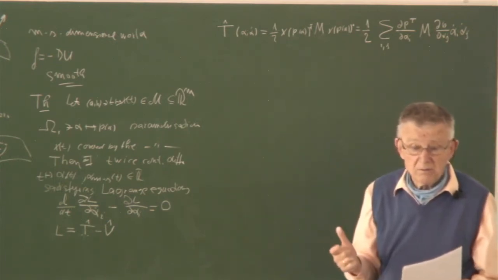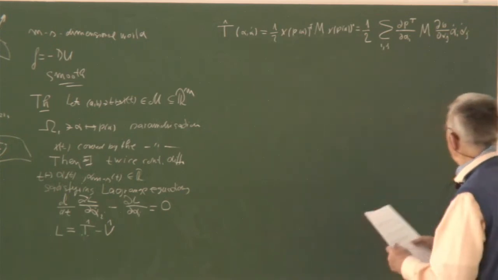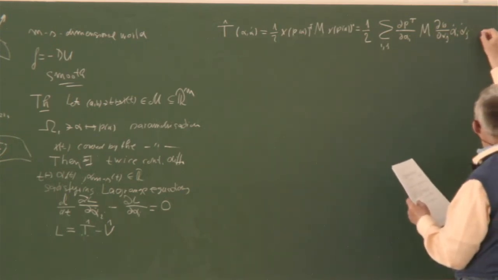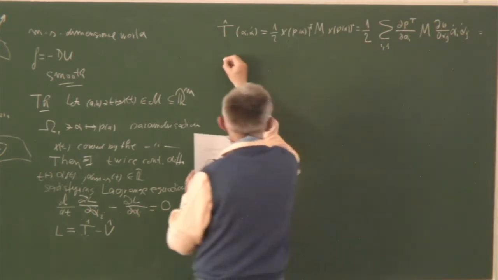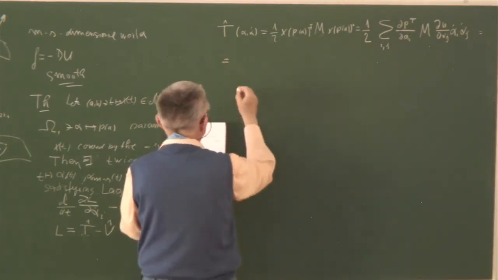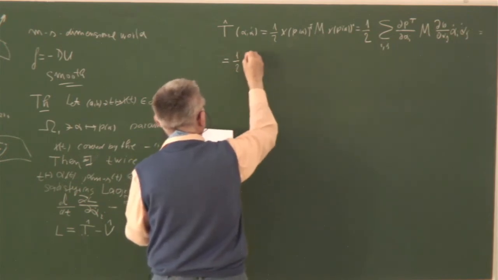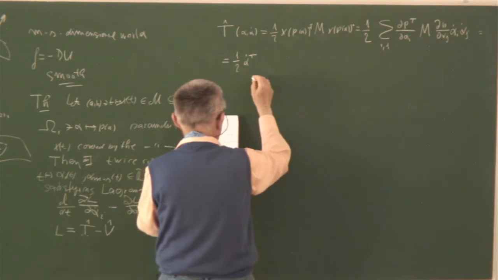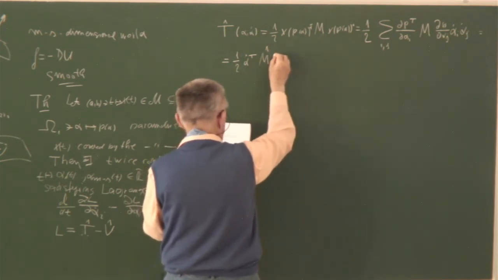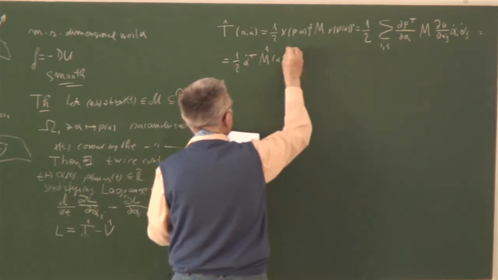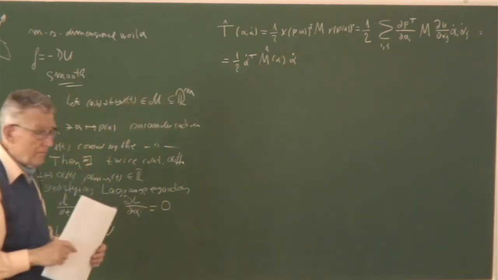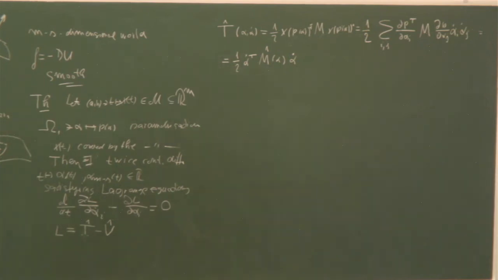It's constant. It's a metric which is constant. And I will now give this a new name: T hat of alpha, alpha dot equals 1/2 alpha dot transpose m hat of alpha times alpha dot. And use this vector notation throughout, writing alpha as a column vector, and so on, as I did here with G and so on. Okay. So that's what T is.